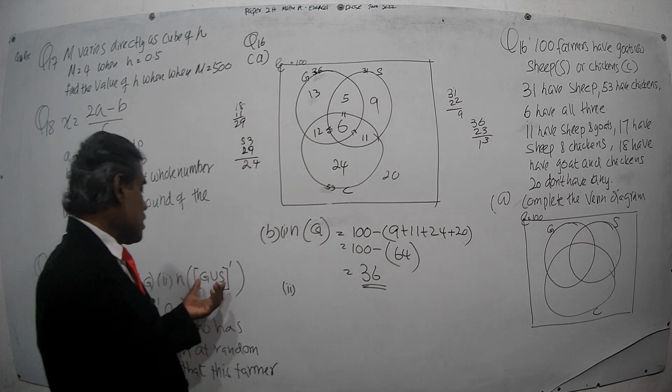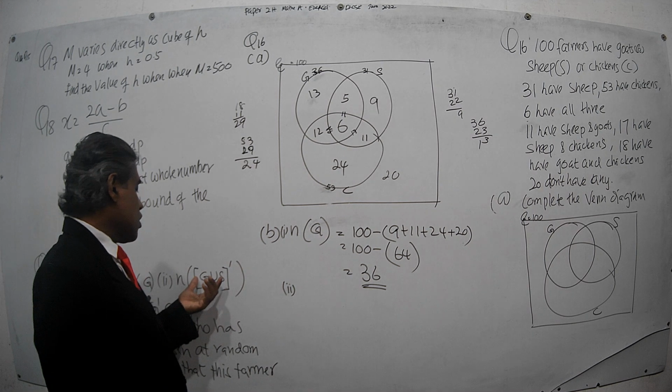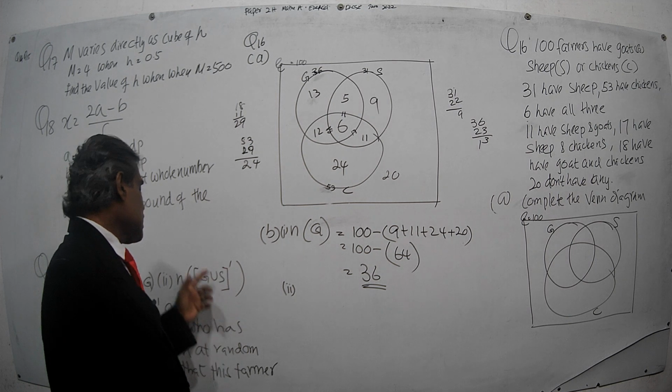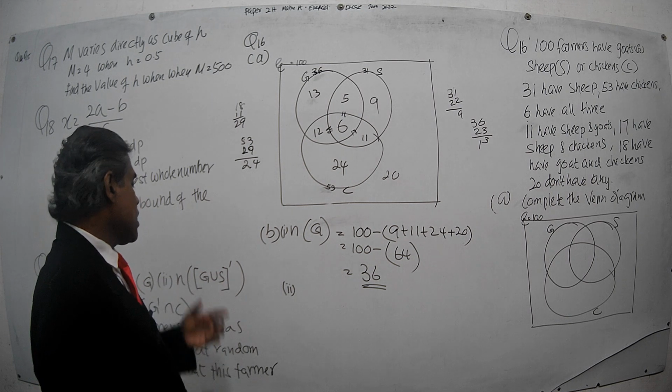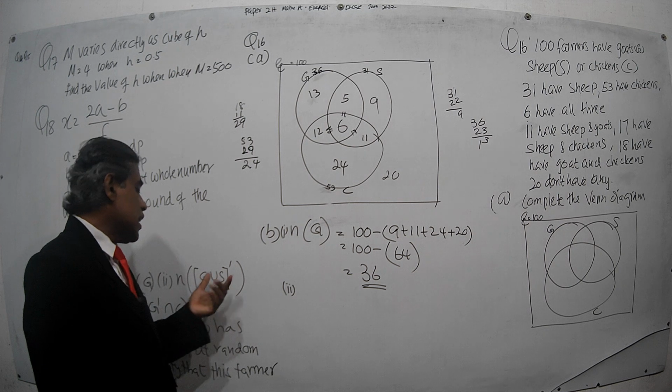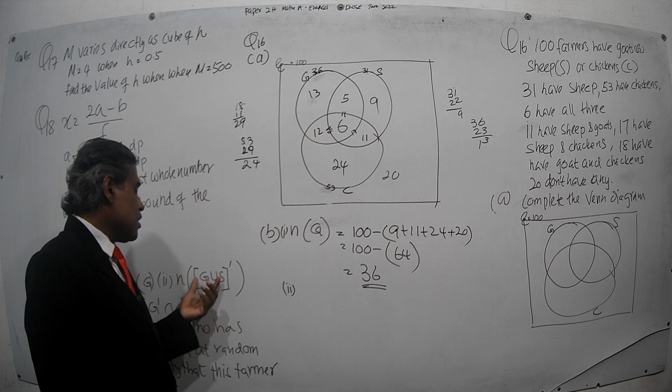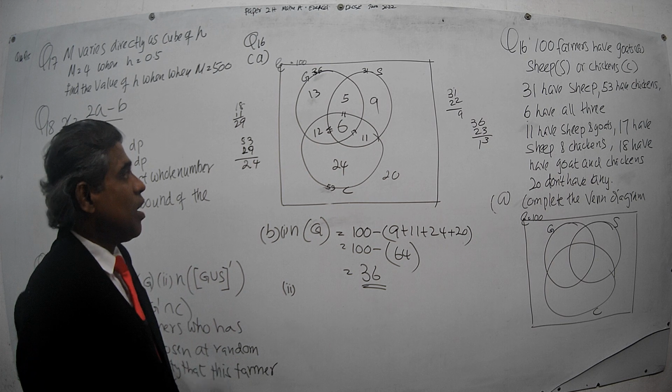Then (G union S) dash means the complement of G union S, the complement of the whole thing, means farmers not having goats or sheep.